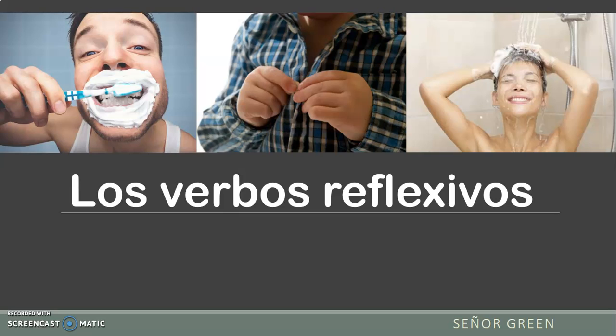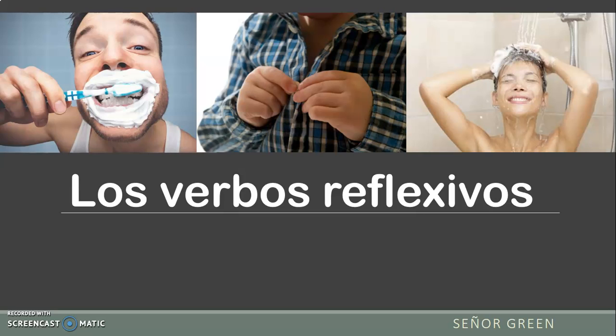Okay. And from the start, you look and you see some kind of interesting pictures. You see, first of all, a man brushing his teeth, another person dressing him or herself, and a woman showering or bathing herself. I wonder if you can see what is common in all three pictures.